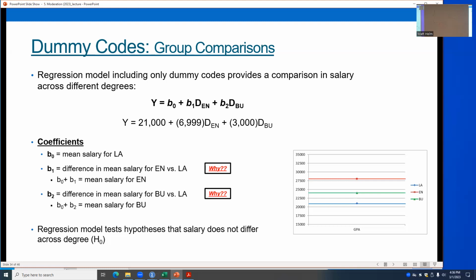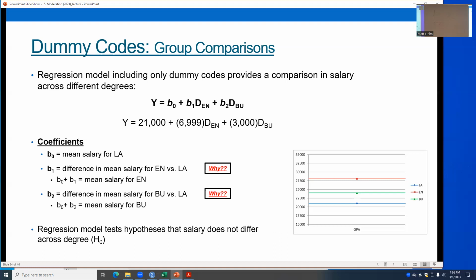So my overall regression, my R squared, is testing the hypothesis that salary does not differ across degree. If salary didn't differ based on our individual degree categories, then this would be something close to 0, this would be something close to 0, and then everybody's the same, right? But instead, when I regress starting salary onto these 3 dummies, what it's giving me is the expected value for my reference group.